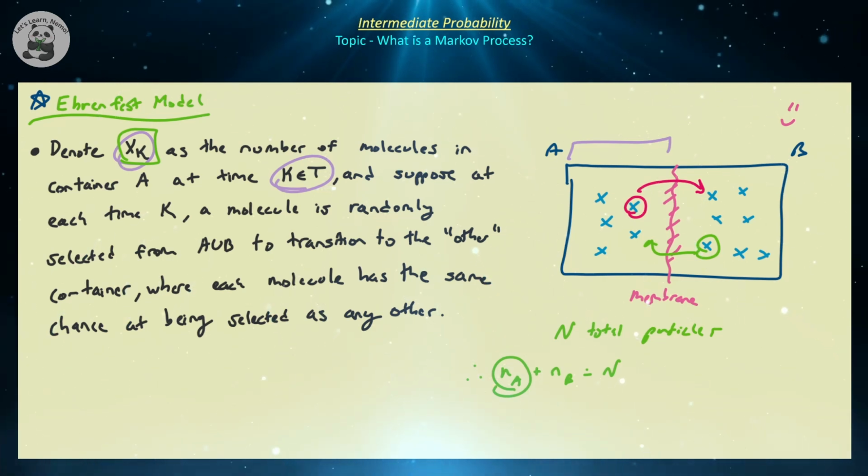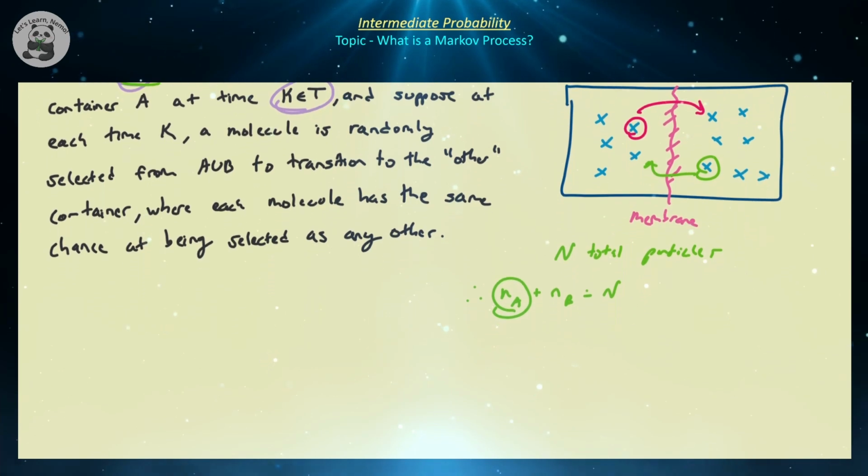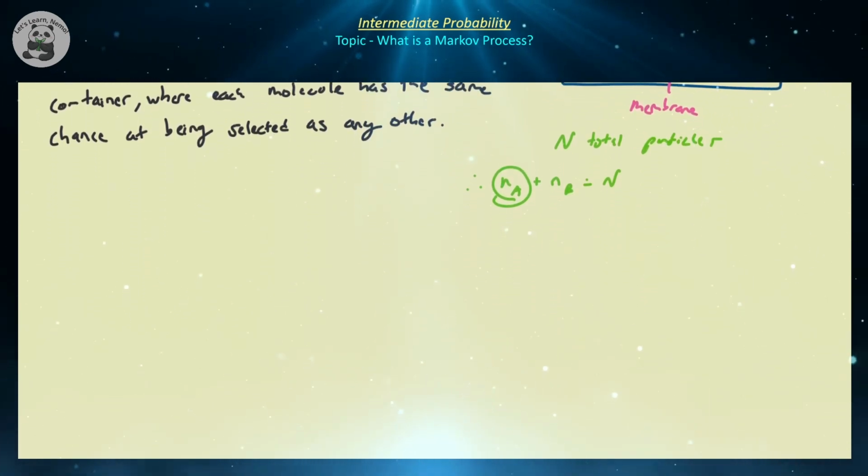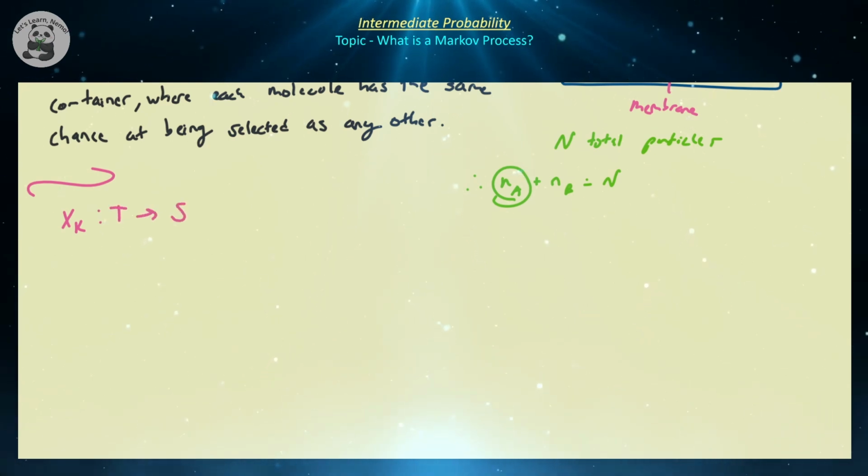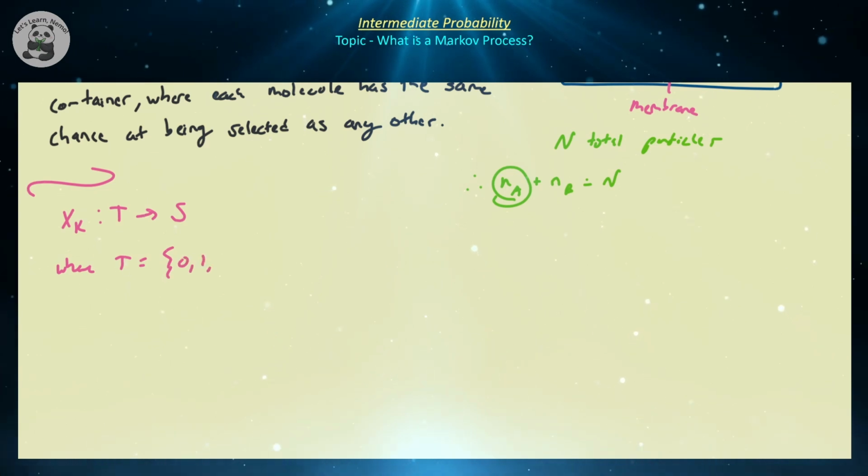All right, so let's see if we can frame this from the perspective of probabilities now. We're also going to be assuming that the probability of any molecule being selected is the same as any other. So everybody is equally likely to be selected. So what are we going to have? We're going to have x_k, which maps T to S. And our T is going to be the set 0, 1, 2, and so on.